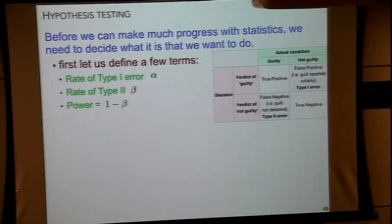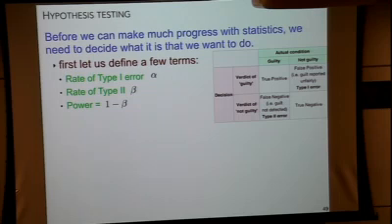You have the null and the alternate, and then the typical table that you've seen, like guilty, not guilty, is the actual state of nature, and a verdict of guilty or not guilty is your decision. So in this case, the null is true or the alternate is true, and I choose to accept or reject the null, which are the actions that I take.